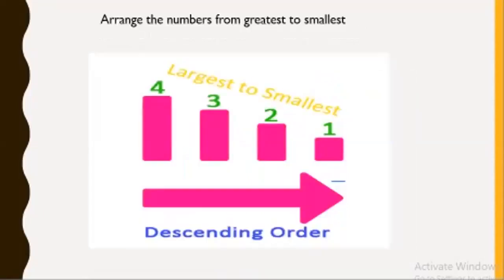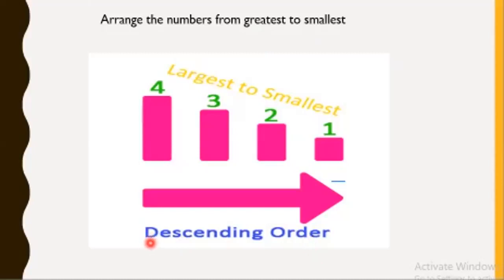Arrange the numbers from greatest to smallest. Now they swap the concept. First they said smallest to greatest, and now they are saying greatest to smallest. Its name is descending order. The word is related to down.